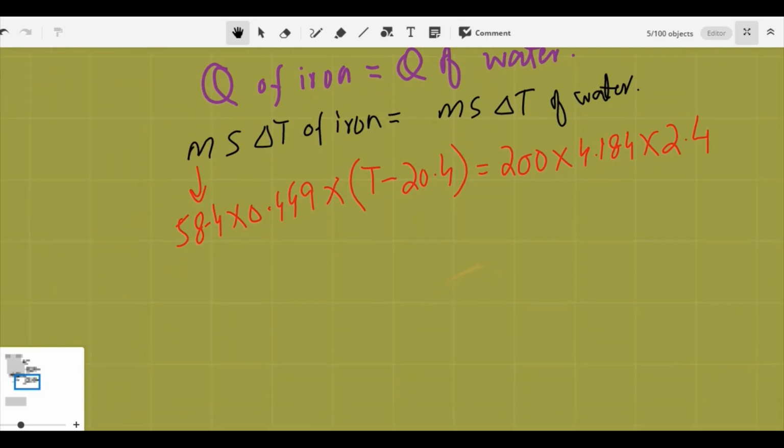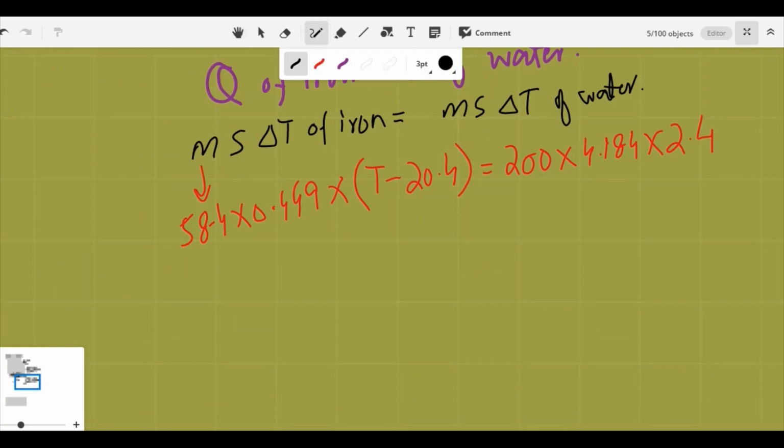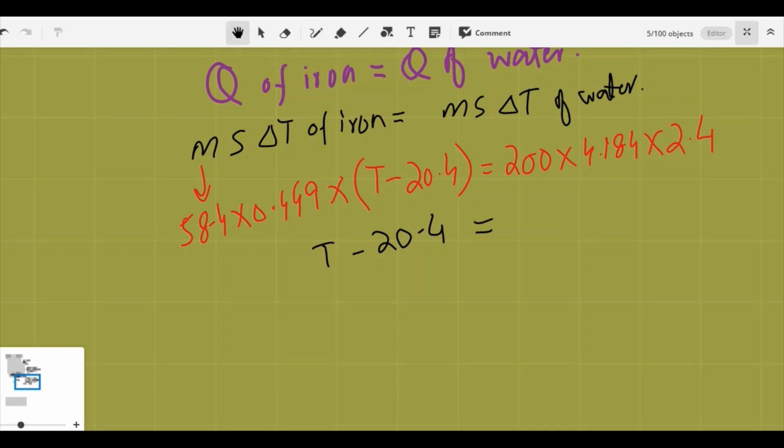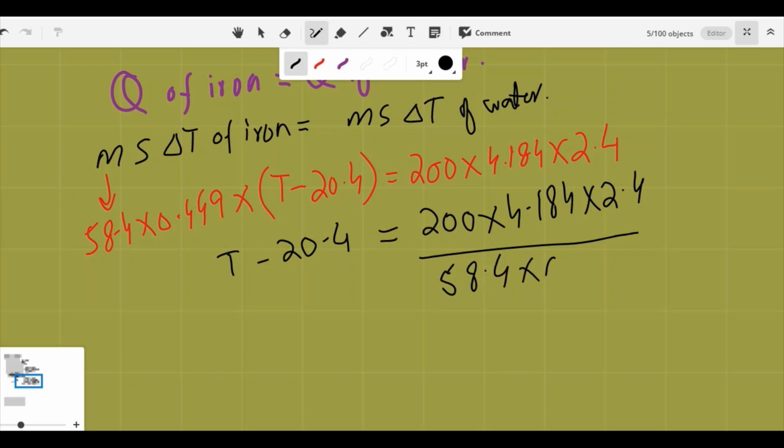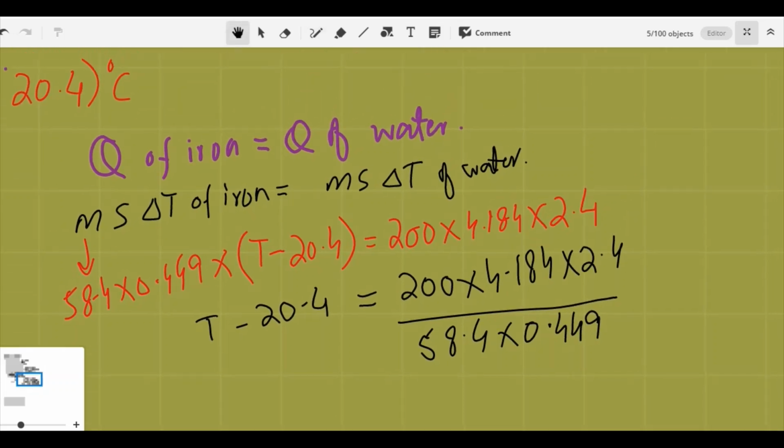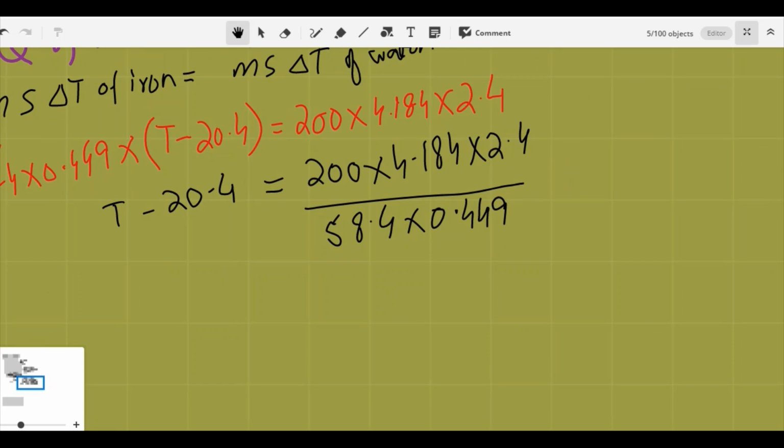Now we can write T minus 20.4 equals 200 times 4.184 times 2.4, over 58.4 times 0.449, since those go into the denominator on the other side.